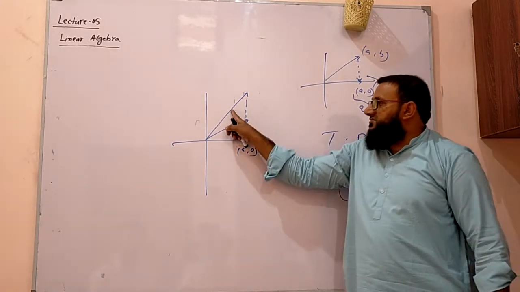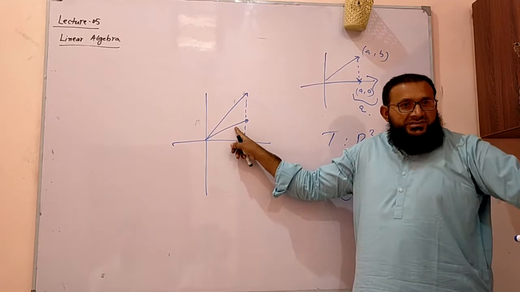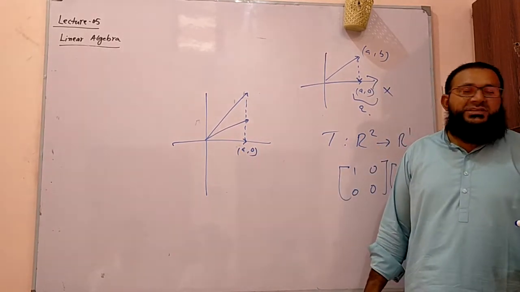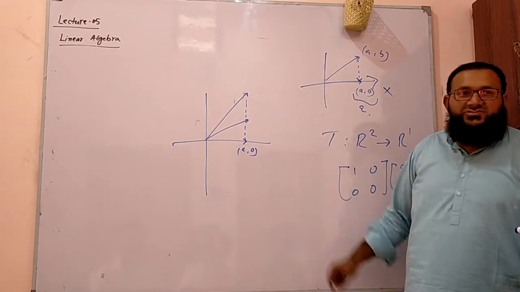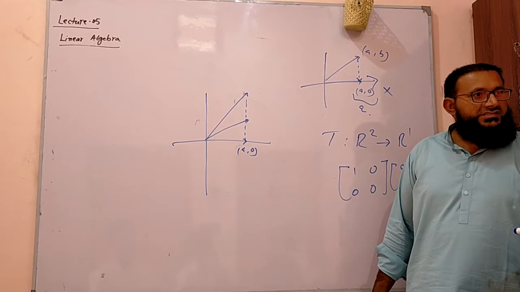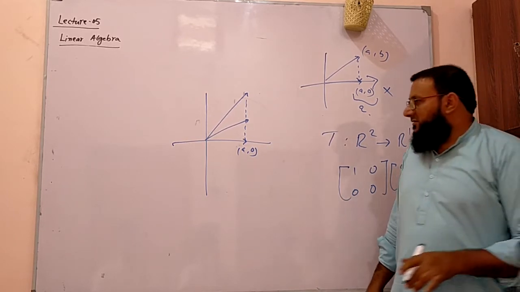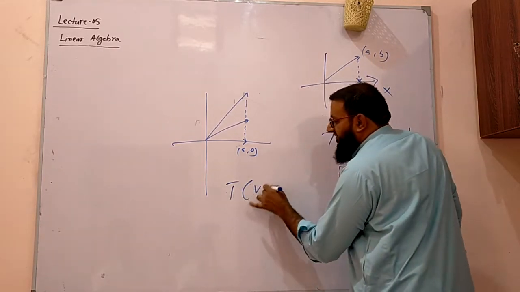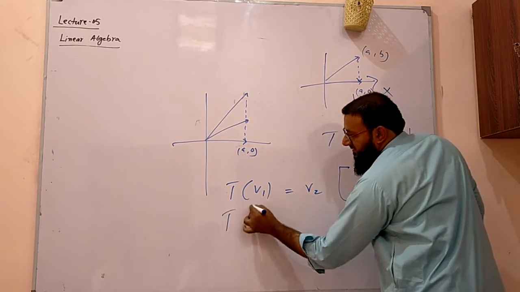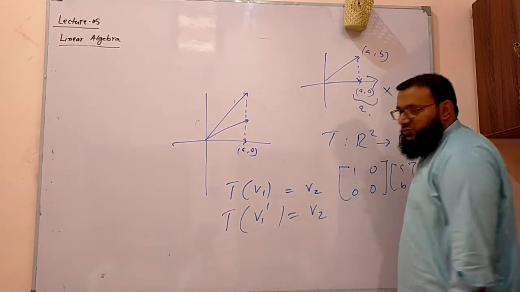Now the length of this one is not equal; both are different. But when you find the linear transformation, you get this vector. It means this linear transformation is not what we call 1-1. For example, you take a vector v1 and you get a vector v2, and then you take another vector v1 prime and you also get the vector v2.